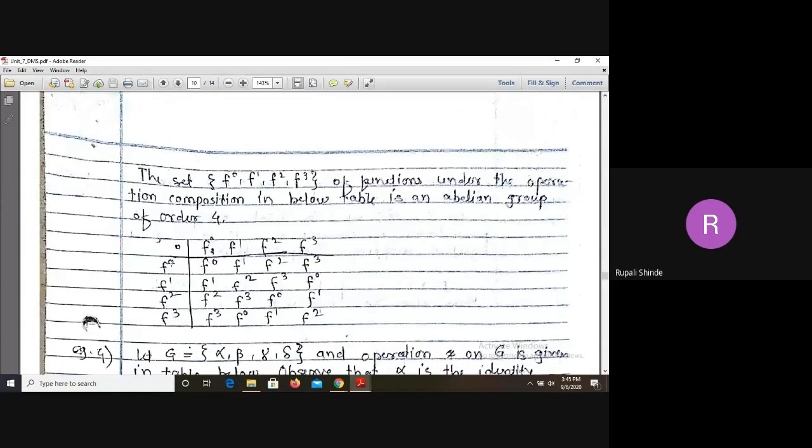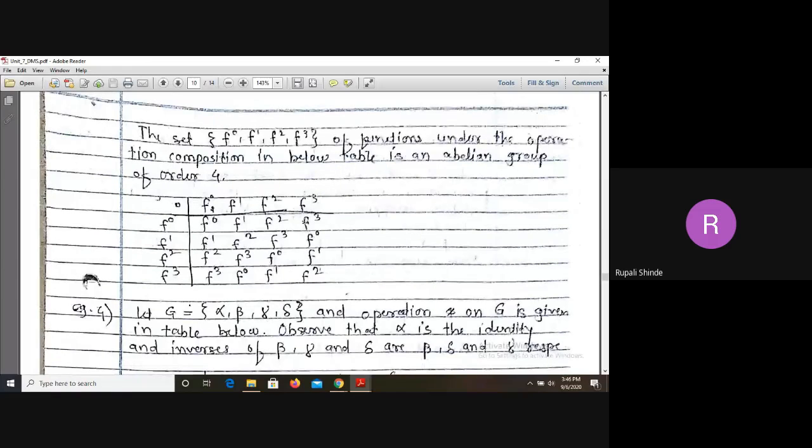Again F0 composition F1, so 0 plus 1, 1. 1 mod 4, again it is 1. F0 composition F2, then 0 plus 2, 2. So 2 mod 4, again it is 2. F0 composition F3, that is 0 plus 3, again it is 3. 3 mod 4 is 3. That's why this composition is F3.